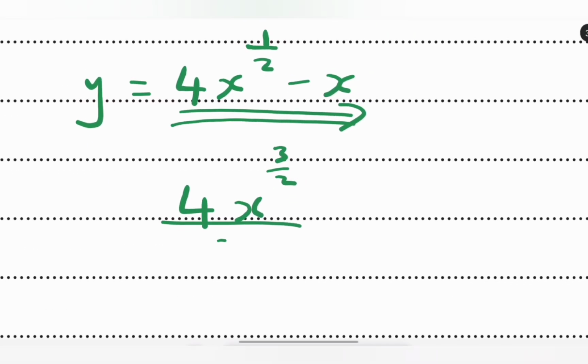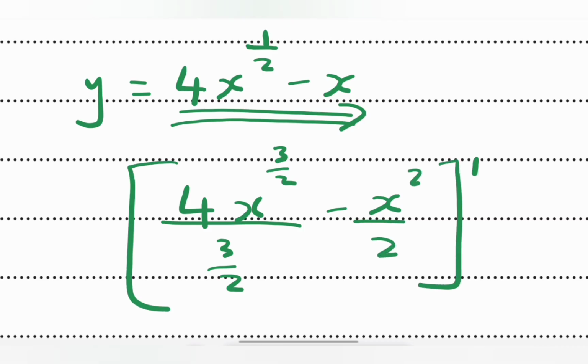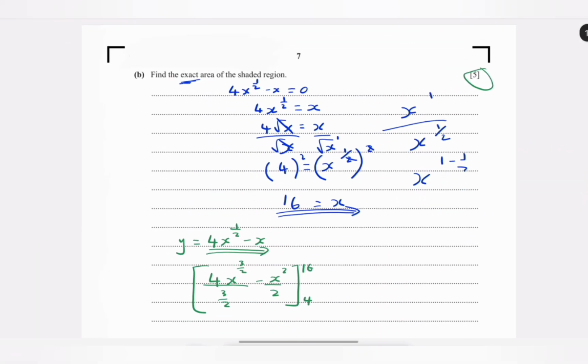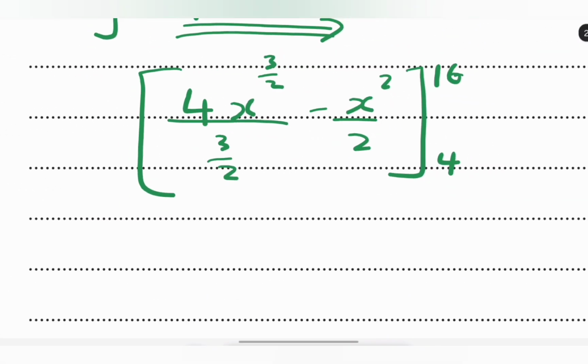Then we divide by the new power, 3 over 2, minus x to the power 1 plus 1, which is 2, over 2. And we're going to use our limits 16 for b and 4 for a, like that. And we can substitute our limits straight in. So this is 4 bracket 16 to the power 3 over 2 over 3 over 2 minus 16 squared over 2.